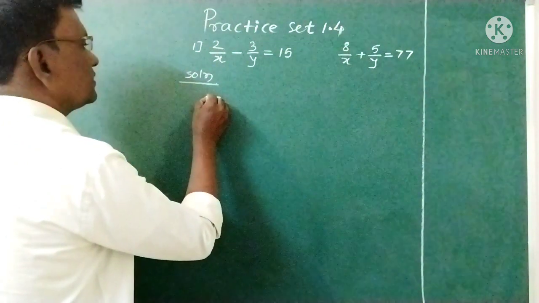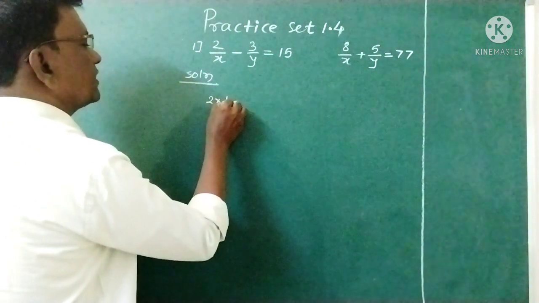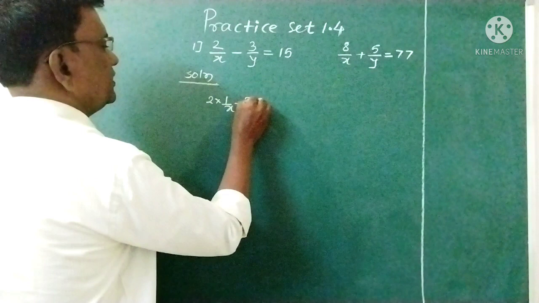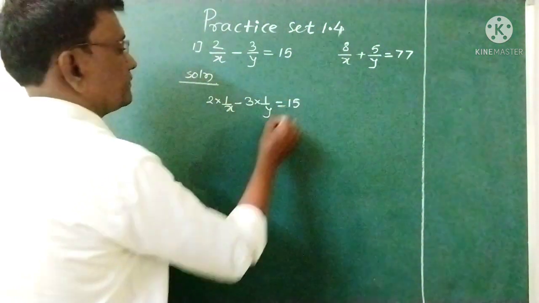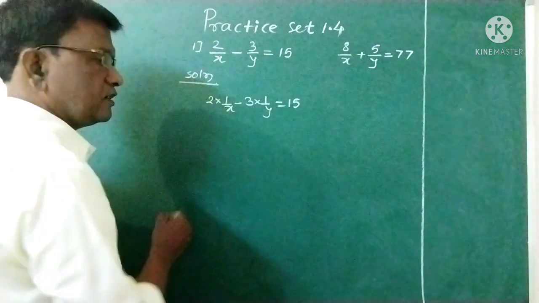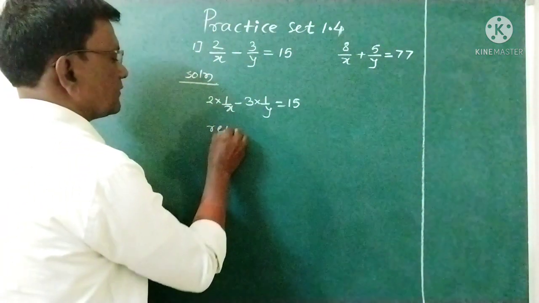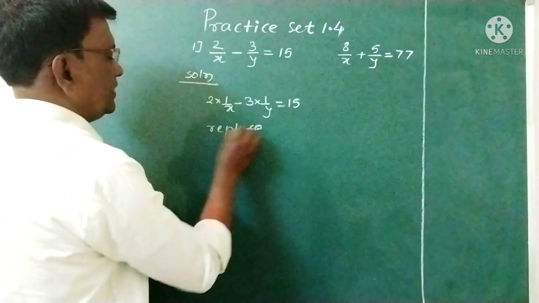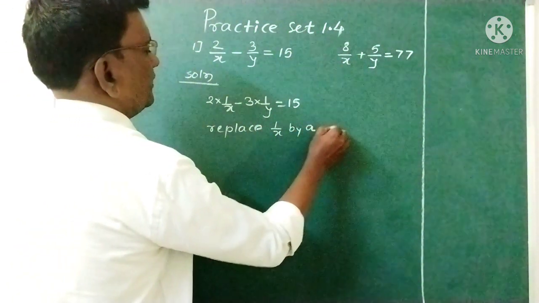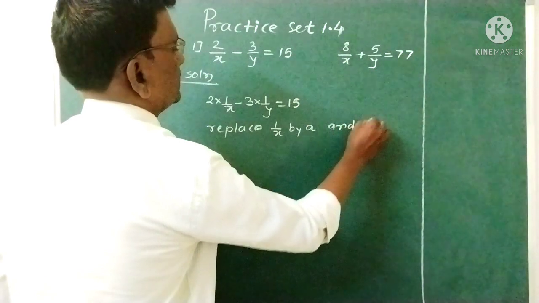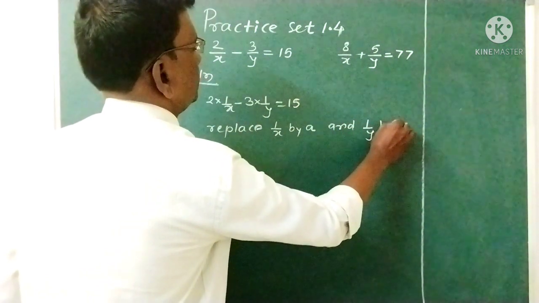We can write this equation as 2 into 1 by x minus 3 into 1 by y equal to 15. Replace 1 by x by a and 1 by y by b.